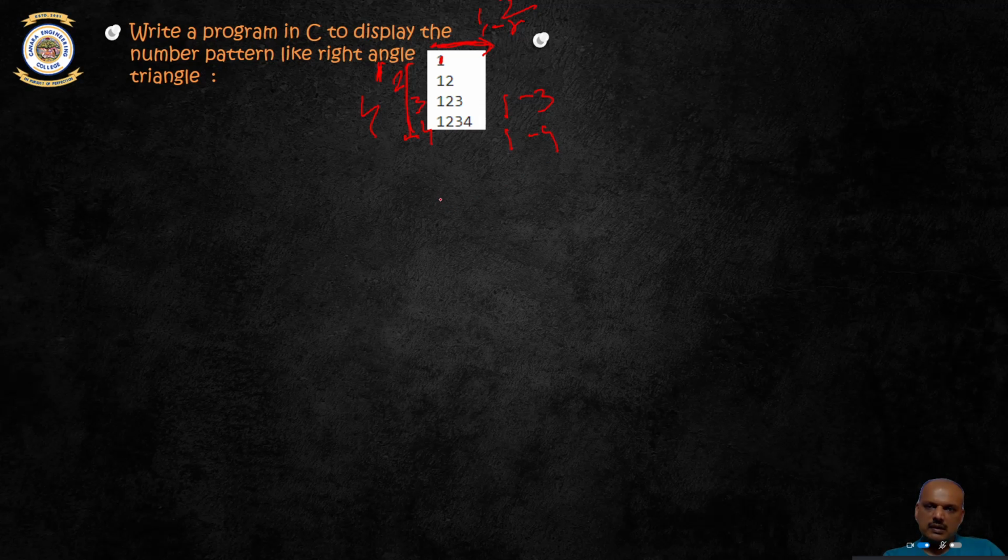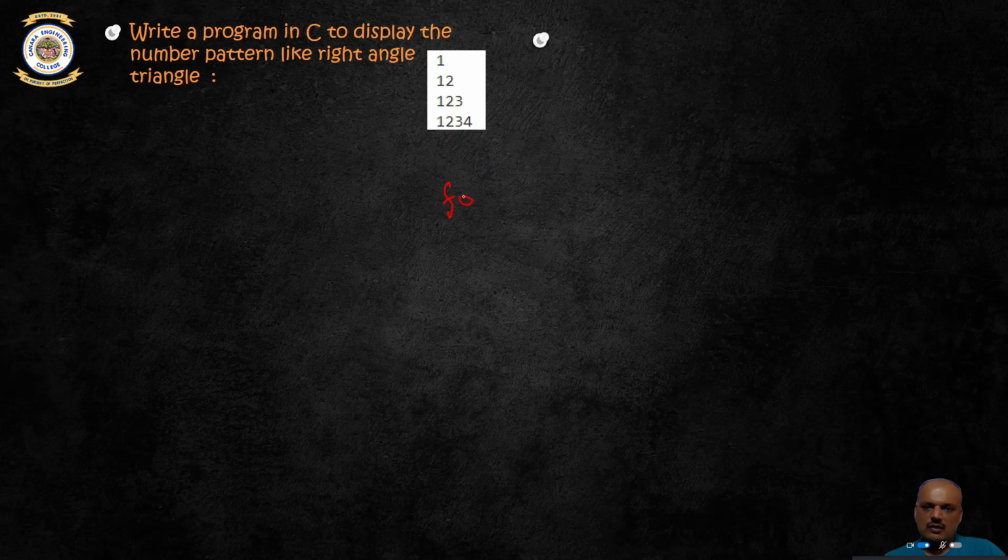If you have guessed that I need 2 for loops, then you have got it right. The first for loop goes from 1 to the row value, and the second for loop goes from 1 to the row value. Let me rewrite that again.